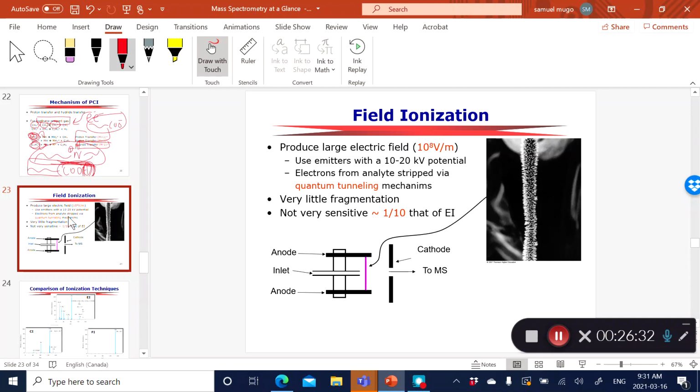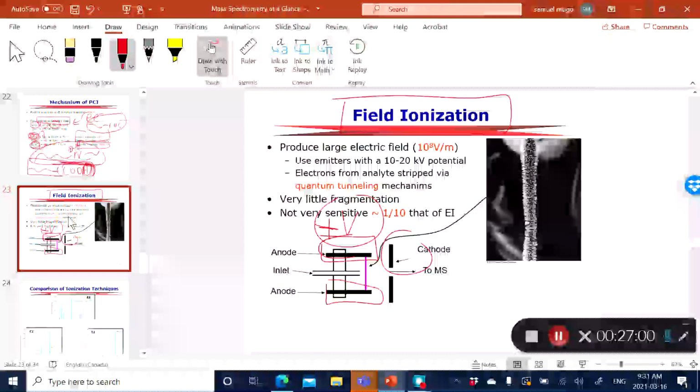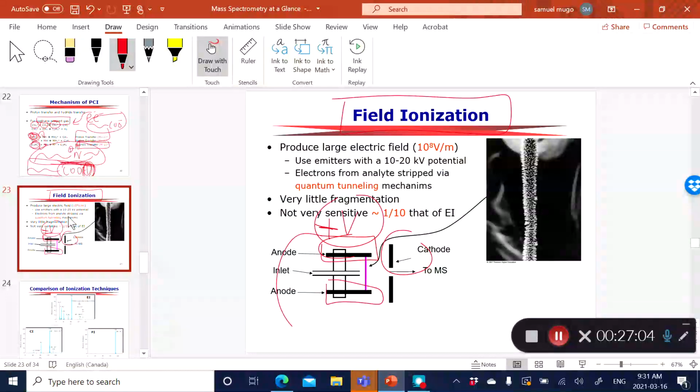Now, the other ionization method is the so-called field ionization method. Again, very, very simple in terms of its mechanism. You just have two electrodes, an anode and a cathode. Essentially, in the anode, you're applying a fairly high voltage, so the electrode provides a very, very high electric field to this environment.